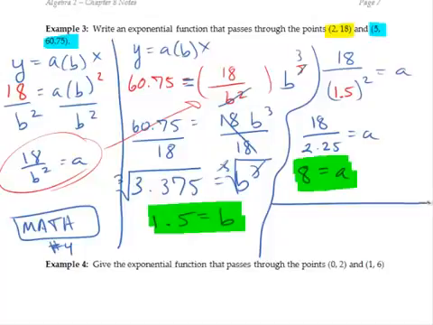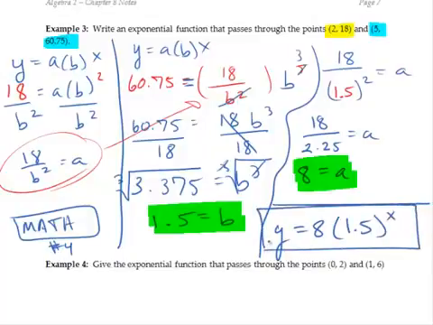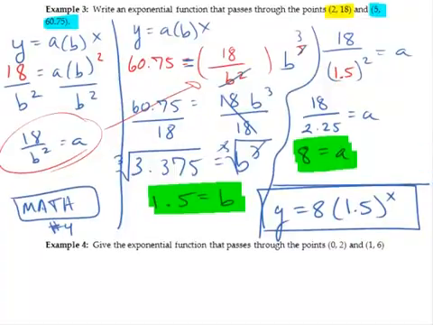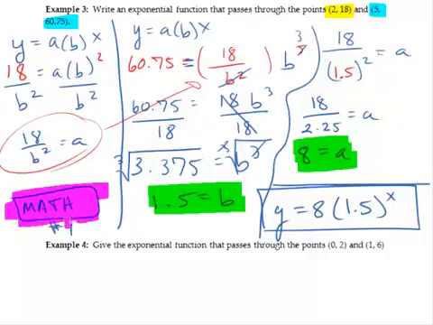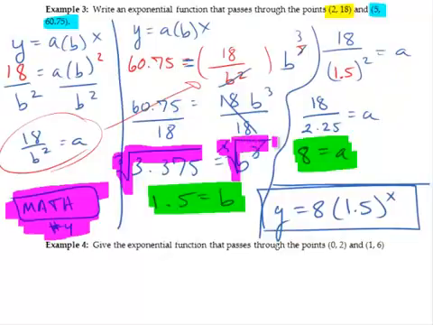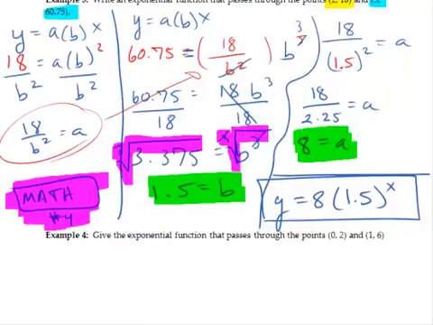So our final answer, y equals 8 times 1.5 to the x. So again, the part you want to make sure you remember for that one is this Math key here is how you're going to get that cubed root that we ended up using.